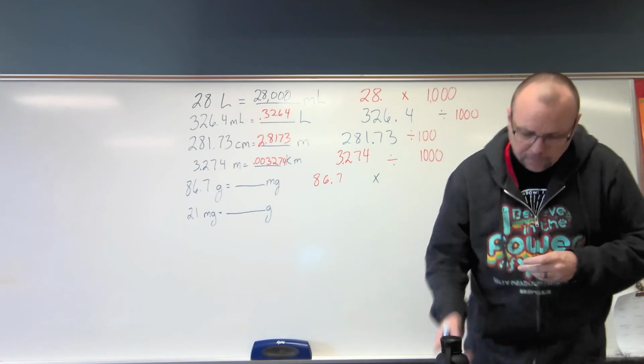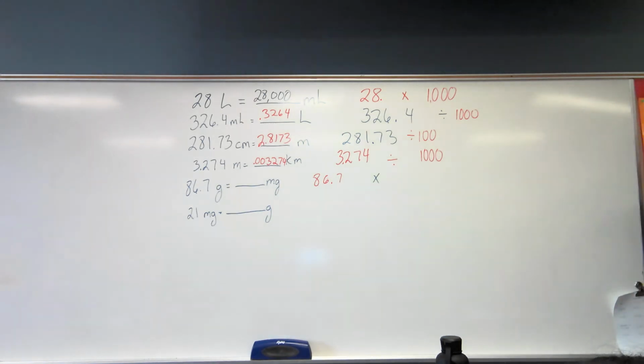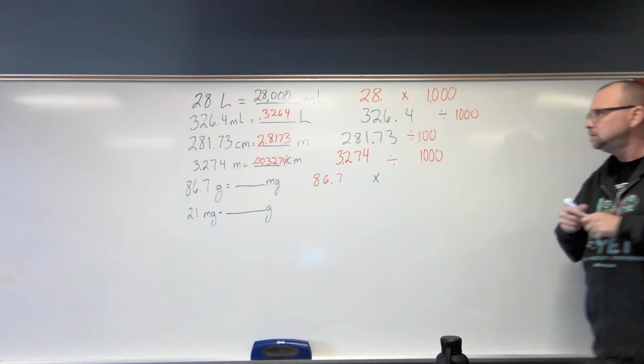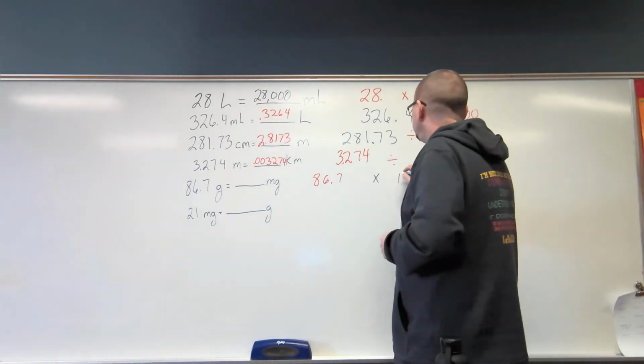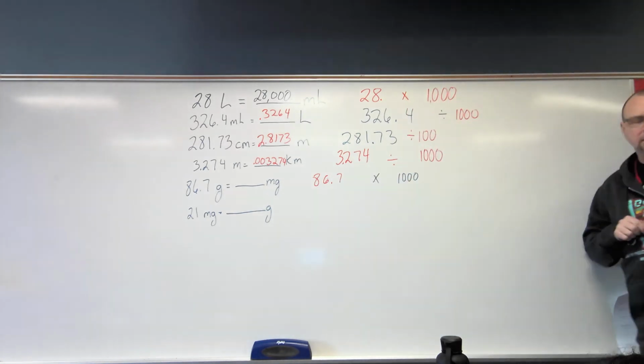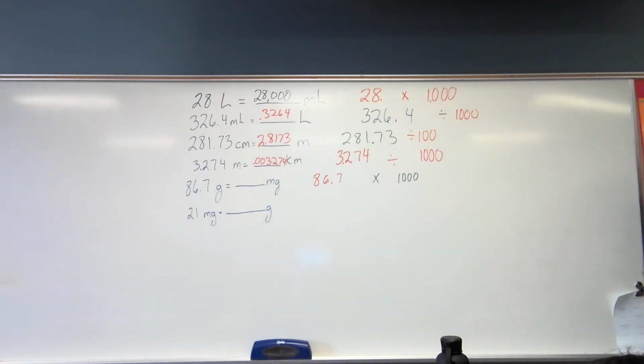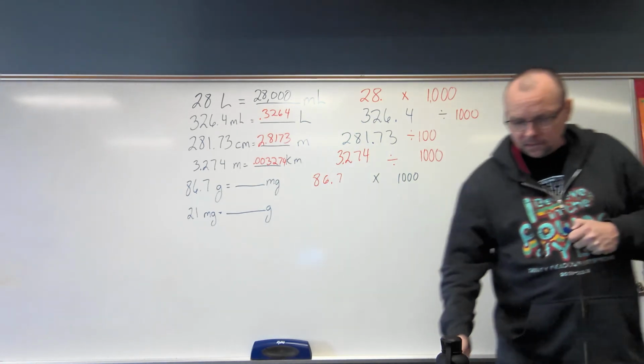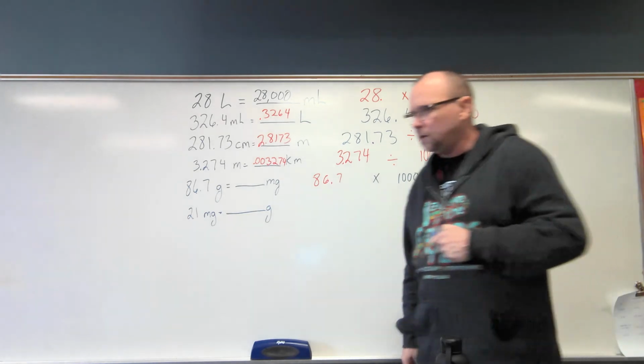We are going to multiply by what, Zoe? 1,000. Why? Good, because 1 gram is 1,000 milligrams. And my answer is what, Ava?